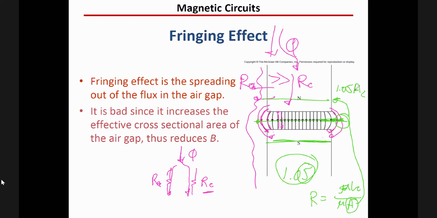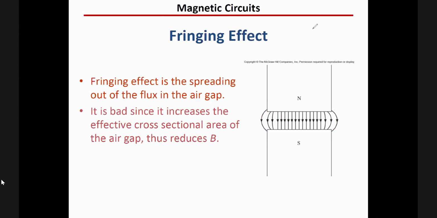So the question, doctor, is how can we find the percentage, or who's going to provide it? This percentage is by measurement. I mean, it is given for a specific air gap. You don't calculate this, of course. It's given for the air gap, and this is found by experiments. You experiment to find how much flux intensity there is outside the air gap. Can it be neglected because it's so small? Usually it is neglected, yes.